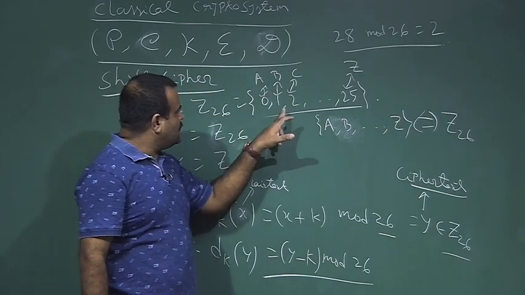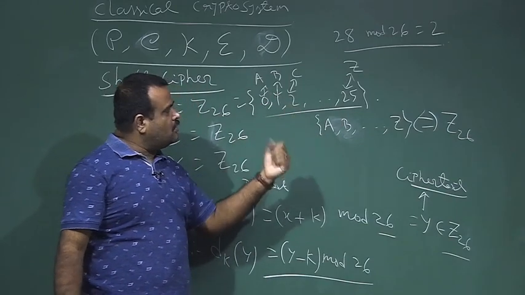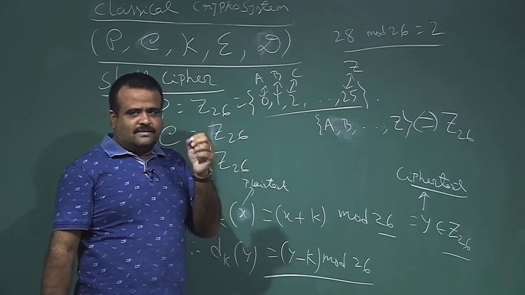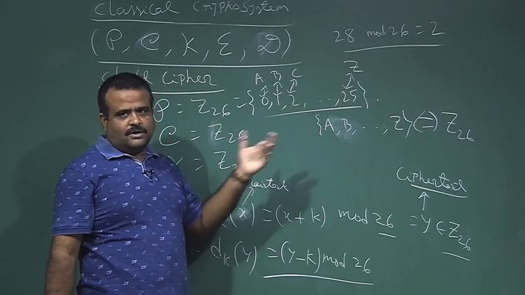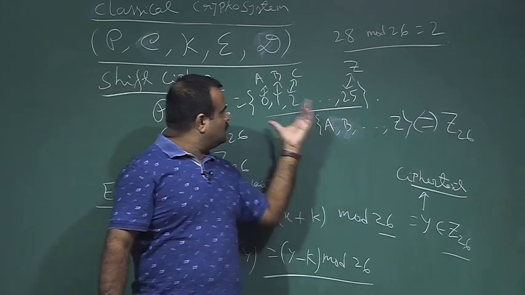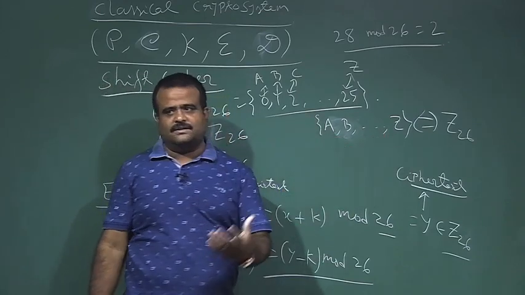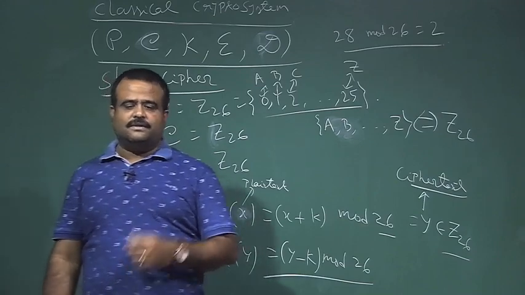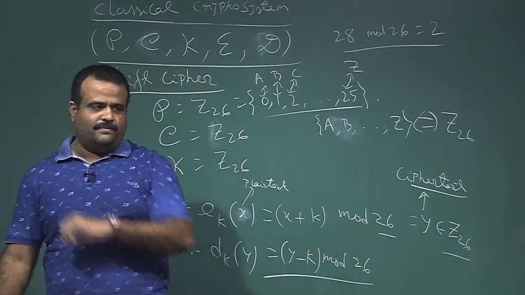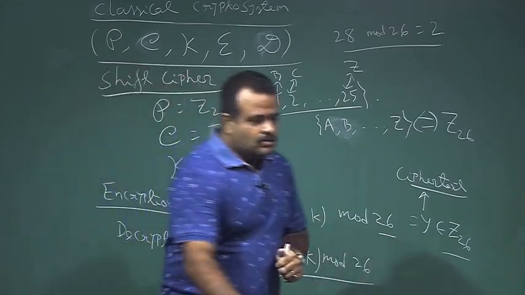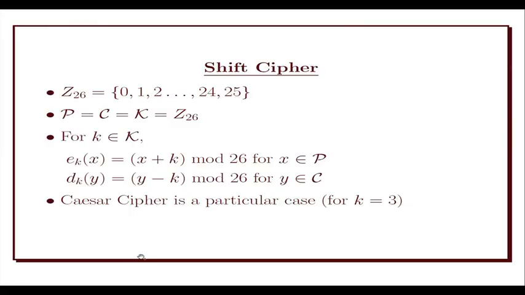So, 0 means A, 1 means B. We want to encrypt English letters, and that is why we want to take Z26, because the English alphabet has 26 letters, so we can just assign 0 to 25.